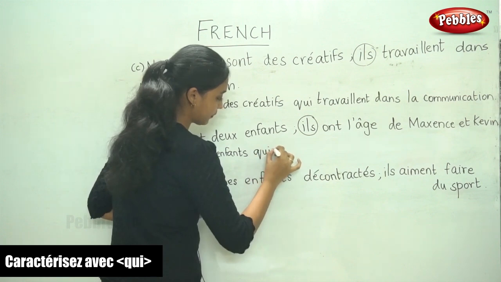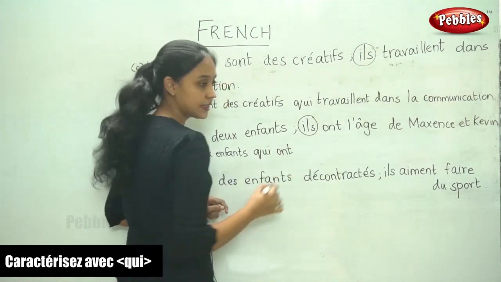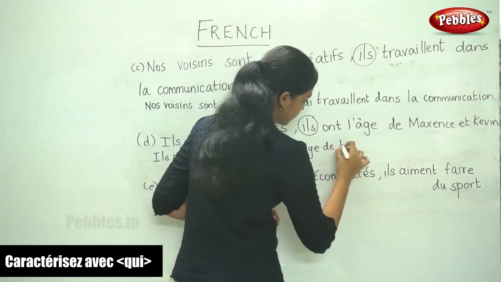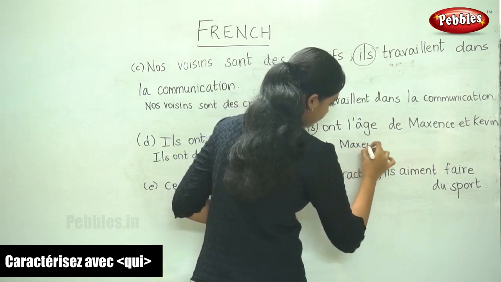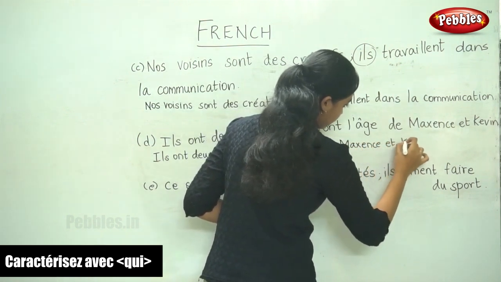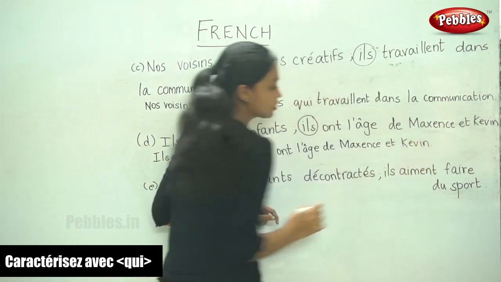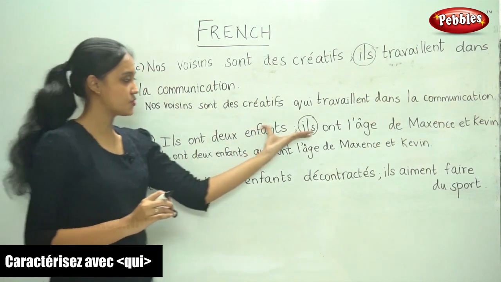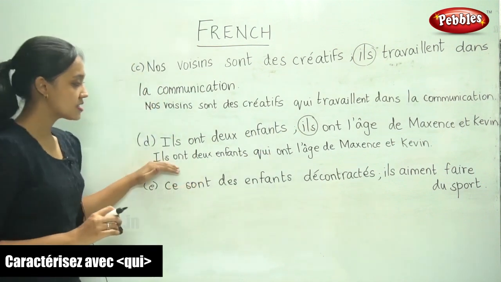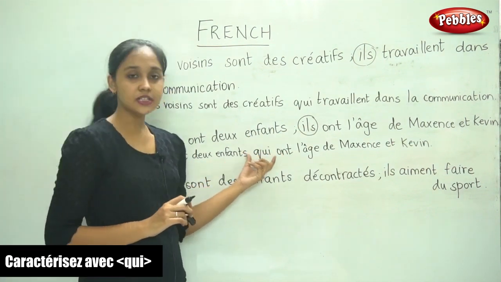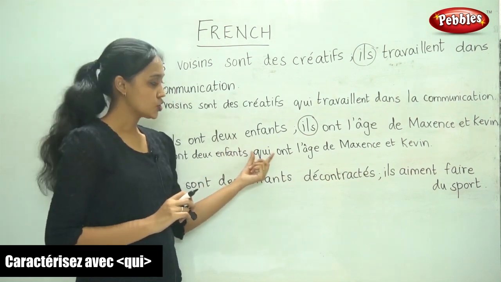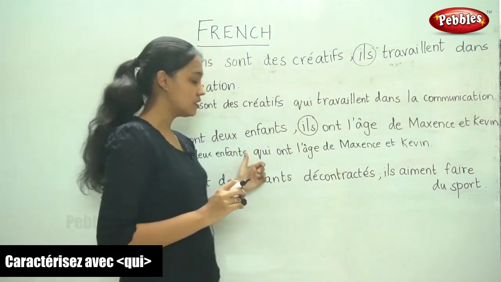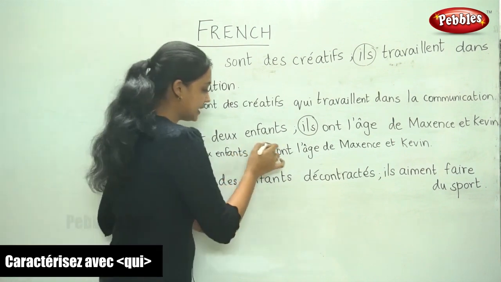Qui ont l'âge de Maxence et Kevin. So we combine these two sentences using qui. So this is a very simple concept, but you need to know what it means. So when you use qui, you are relating the two different sentences. So that is the purpose of the word qui here.